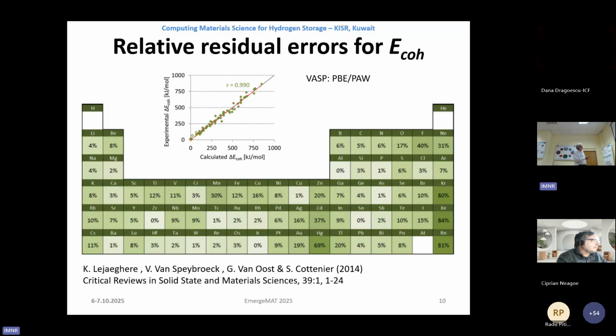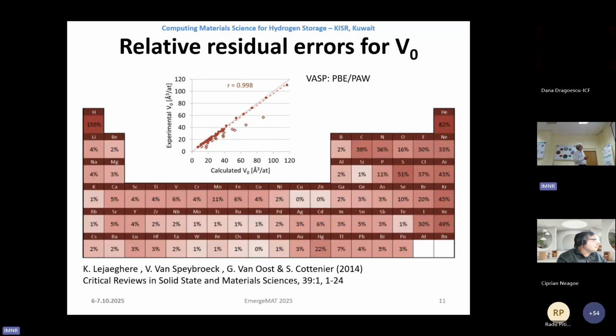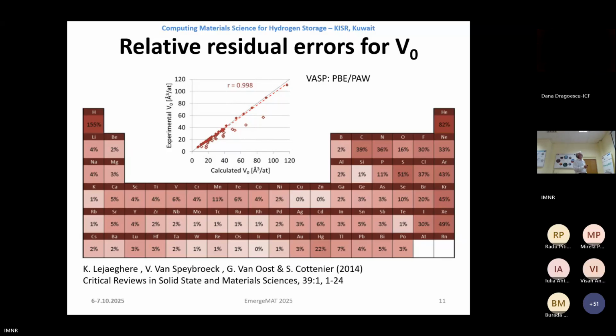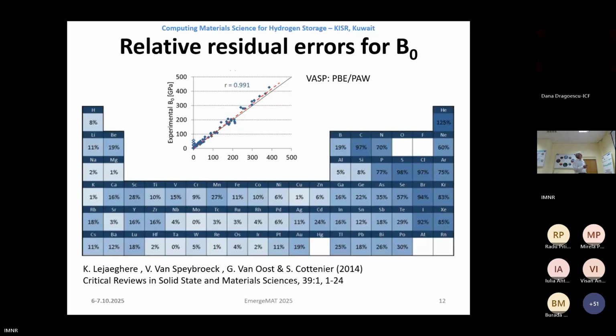These are compared with experimental values. We can go, for example, to see the equilibrium volume for each element. We see again very nice agreement, but also some large deviations. For the bulk modulus values, we can see that they are also very well reproduced by calculation compared to the experimental value.